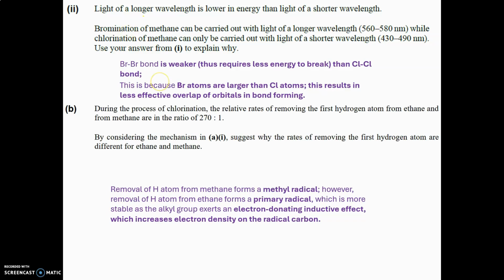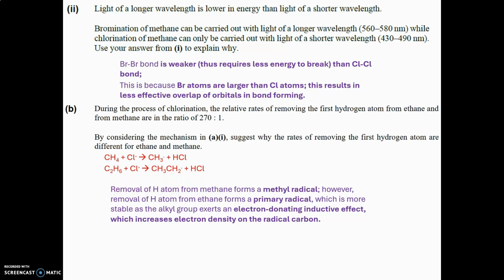If you remove a H atom from methane, it becomes a methyl radical. But if you remove a H atom from ethane, it forms a primary radical. In the primary radical, there is an alkyl group attached to the carbon which bears the unpaired electron, and this alkyl group exerts what we call the electron donating inductive effect, which increases the electron density on the radical carbon.